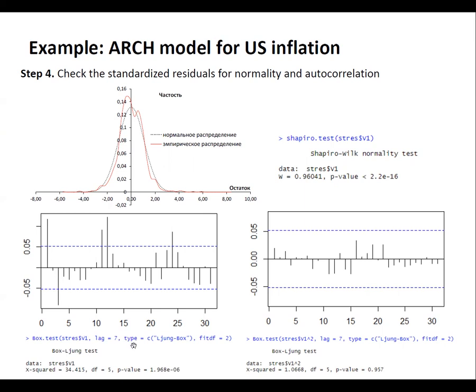But the Ljung-Box test on the squared standardized residuals shows us that there is no autocorrelation here. That is, by applying the ARCH model, in my opinion ARCH(11), we have fully included the ARCH effect in our model, and thus there are no problems.